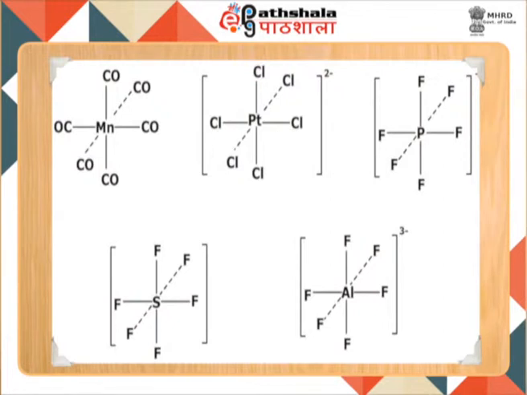These are Mn(CO)6, PtCl6, PF6, SF6, AlF6 3-. All these belong to the octahedral point group, that is, a central atom surrounded by 6 identical ligands gives us the octahedral point group. Besides this, you can cite a large number of other examples belonging to the octahedral point group.